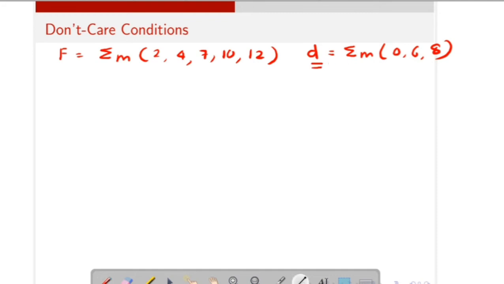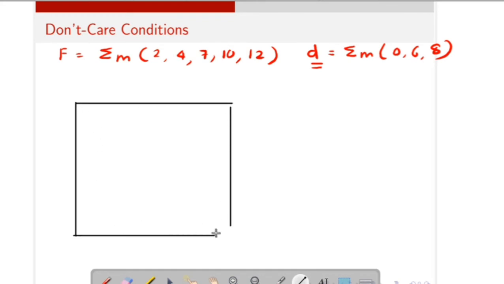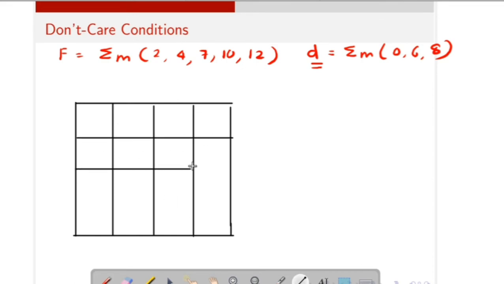Next we can draw the K-map. So this is the K-map.